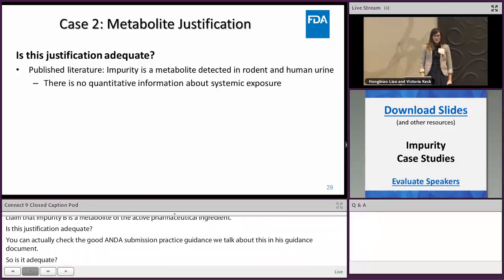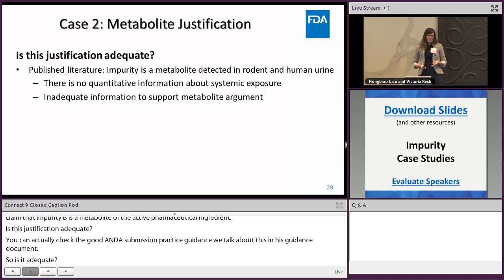However, there is no quantitative information about systemic exposure to this impurity as a metabolite. So we don't know if there's enough presence of this impurity as a metabolite that would meet or exceed levels that are being proposed as a limit as an impurity in the drug product.